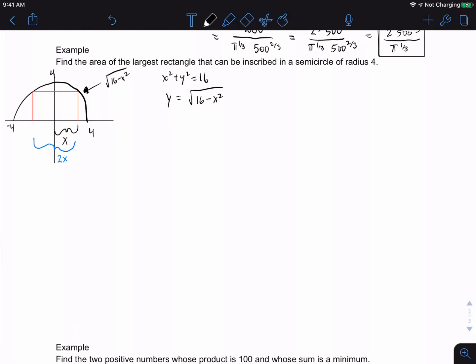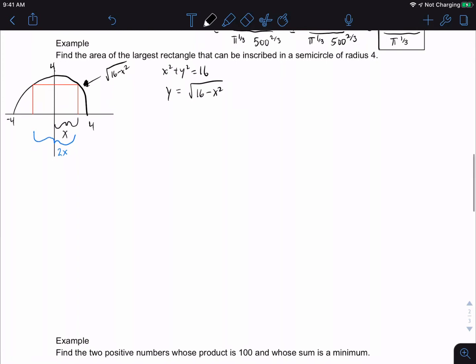It's the square root of 16 minus x squared. Right? So now something cool's happened. We have a length of 2x for the rectangle, and we know we have a height of radical 16 minus x squared.